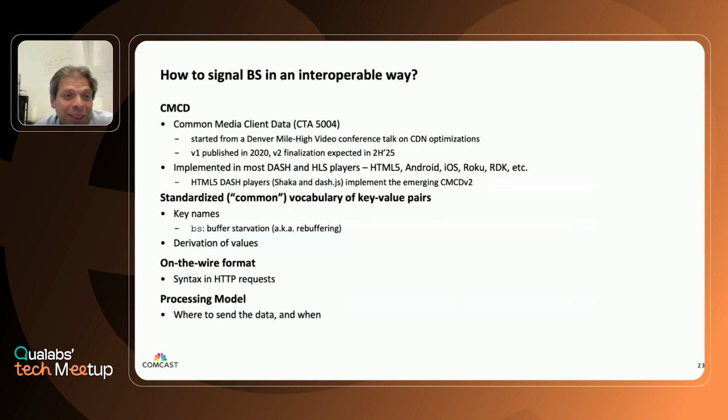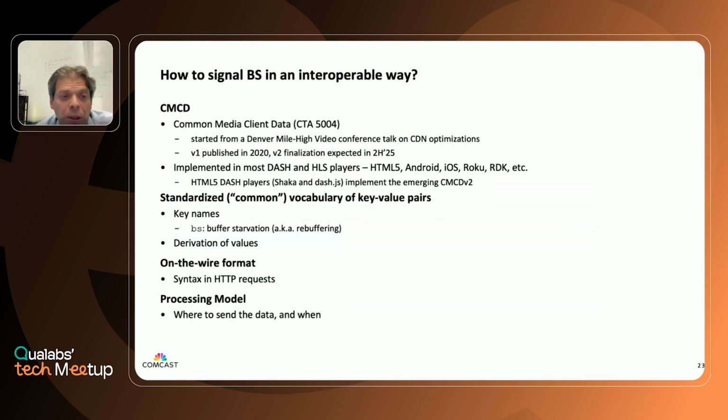CMCD. So for people who haven't encountered this, this is a short way of saying how to signal BS interoperably. So this is a CTA standard, CTA 5004, published in 2020. We're all working now on version 2, which is expected in a few months, and it's pretty widely implemented.